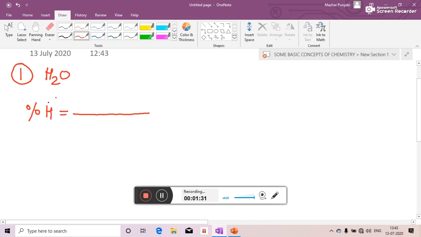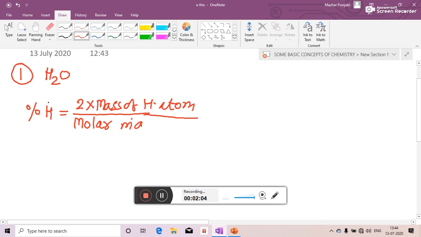Now in the formula there are two hydrogen atoms, so we have to multiply 2 into the mass of hydrogen atom, divided by the molar mass of the H2O molecule, into 100%.